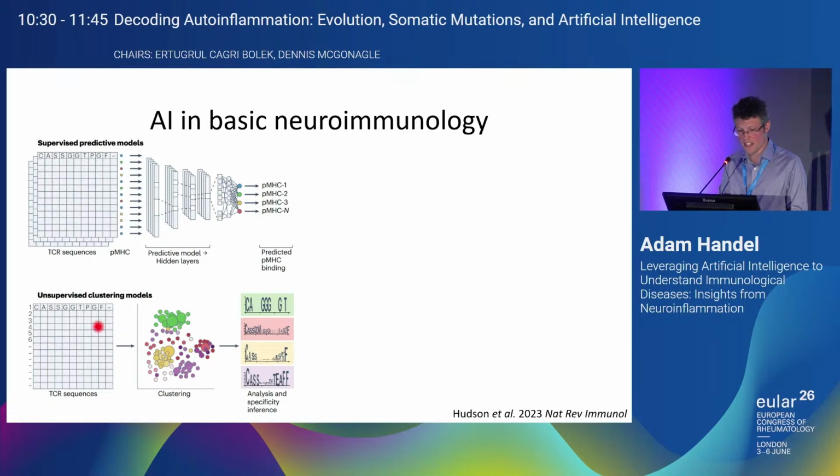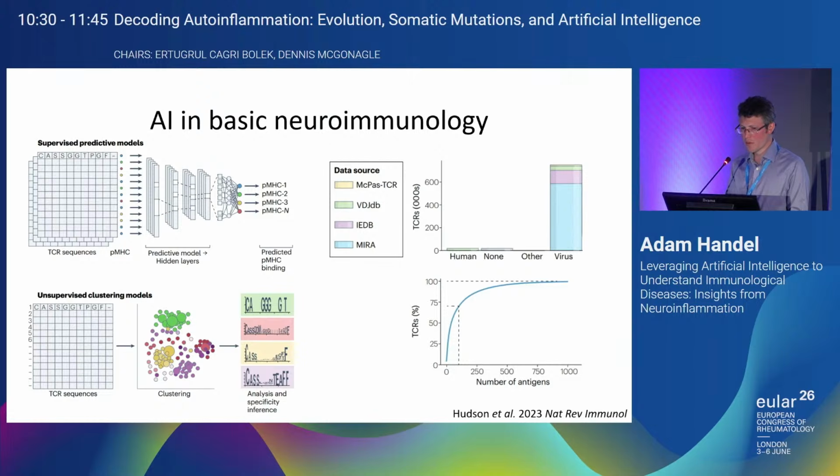Or you can just feed it the TCRs and then it looks for similarity between these. And that can actually be quite useful because if you're in a disease state, such as synovial fluid or cerebrospinal fluid in my case, then you would expect that large clusters which do not appear in healthy controls are likely to be antigen specific. But there are problems with particularly this supervised model.